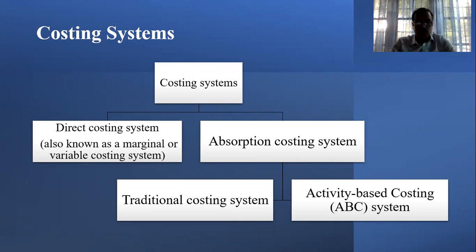Traditional එකේදී අපි use කරන්නේ මේ cost allocate කරන්න මොකක් හරි volume base එකක්. ඒ volume එක number of products වෙන්න පුළුවන්, number of hours වෙන්න පුළුවන්, ඒ වගේ එකක් තමයි.